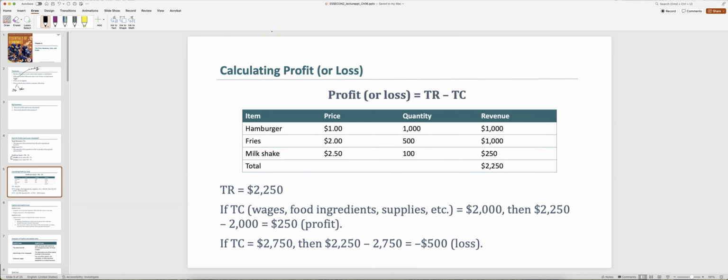Okay, so here's a simple example. You can see the maths involved here. If we take the price times quantity, we get our revenue. And then let's say that I told you that the total costs are $2,000.